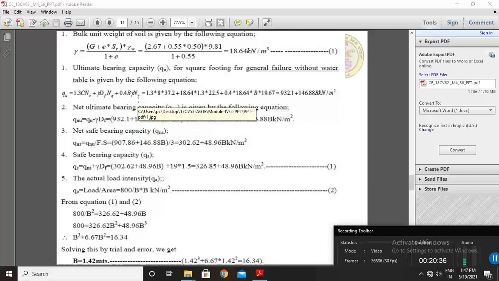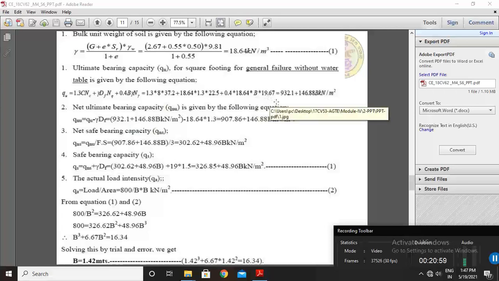In this equation you substitute the values: 1.3 into c is 8 into Nc is 37.2 plus gamma is 18.64 into Df is 1.3 into Nq is 22.5 plus 0.4 times gamma is 18.64 into B, as usual B is required, into N gamma is 19.67. While solving this equation we get, in terms of B, 932.1 plus 146.88 times B in kilonewton per meter square.